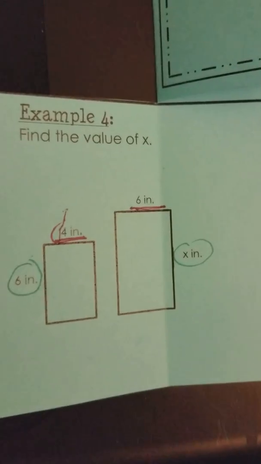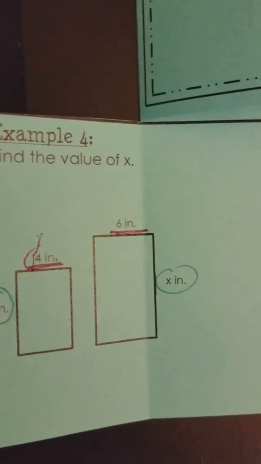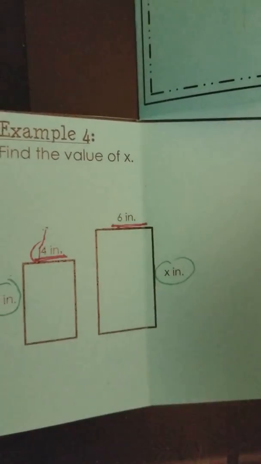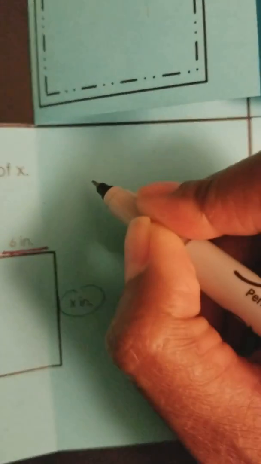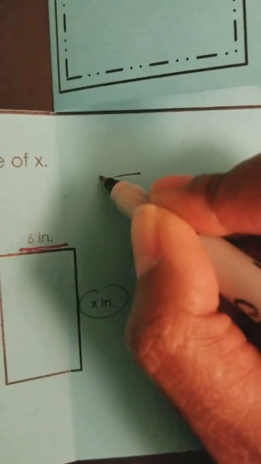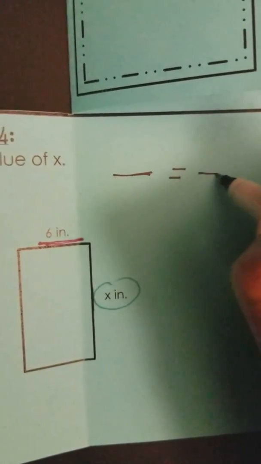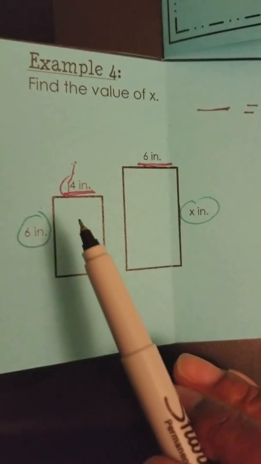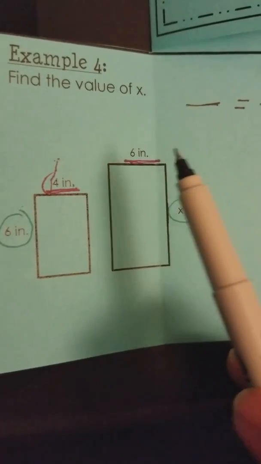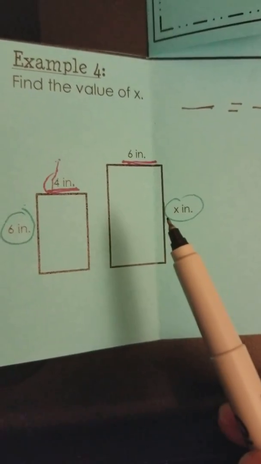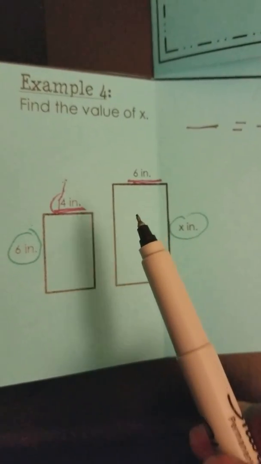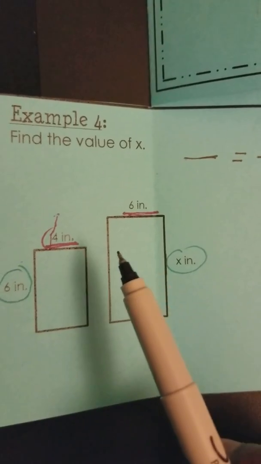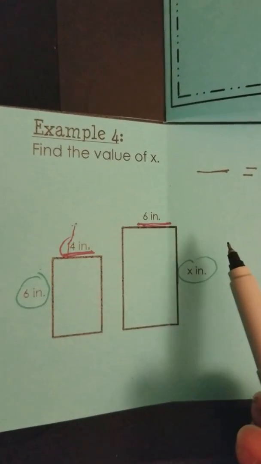Okay, so now we have our corresponding sides here. So we're going to set up our proportion here. Now it just depends on which way you want to set this up. You can work with one shape and then go to the next shape, but you have to make sure that you keep the corresponding sides in the right position. So I'm going to do it both ways. The first way I'm going to do it is I'm going to work from small to big.